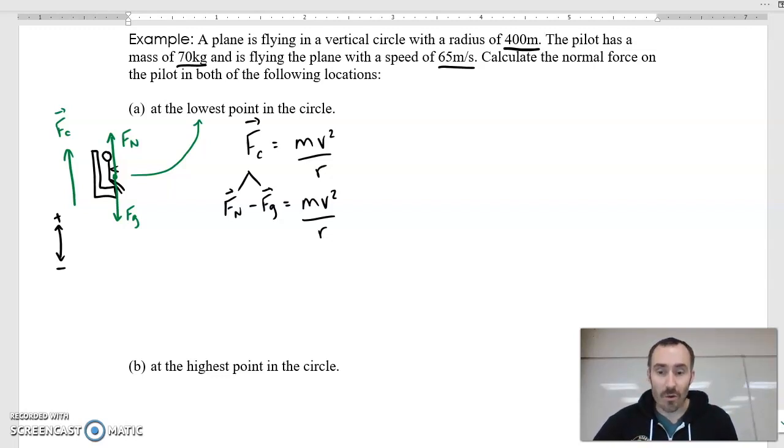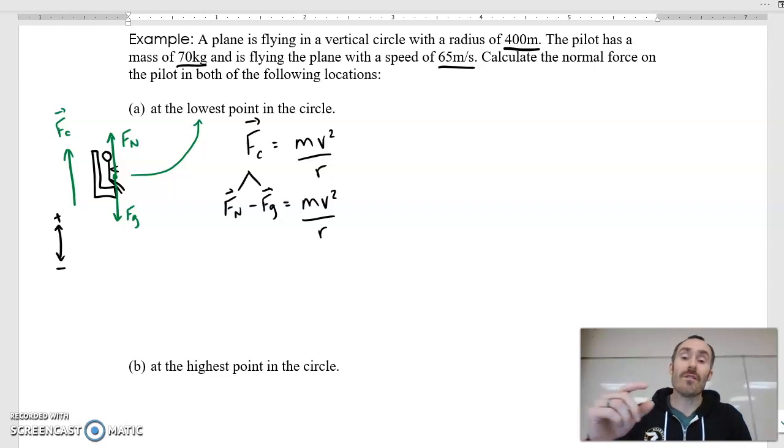So my normal force is going to be the force that's holding the pilot up. I want to solve for that. Often on a level surface we say that the force of gravity and the normal force are the same. That's true except when the system is accelerating.